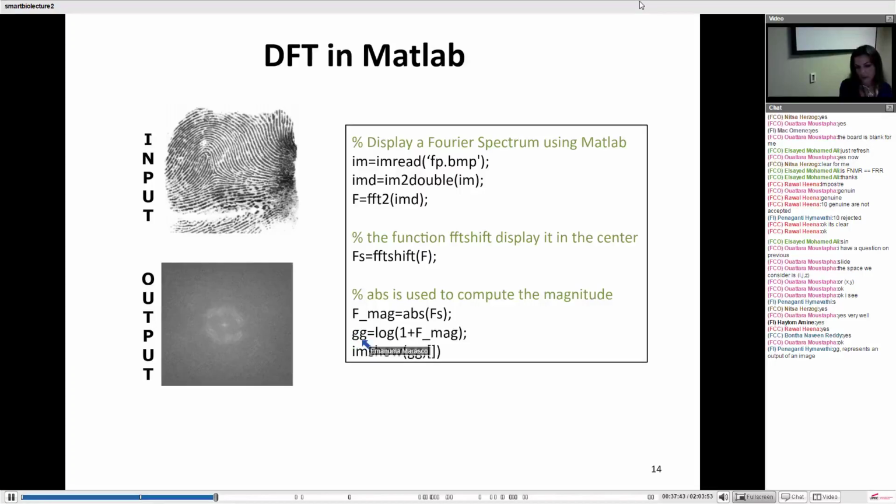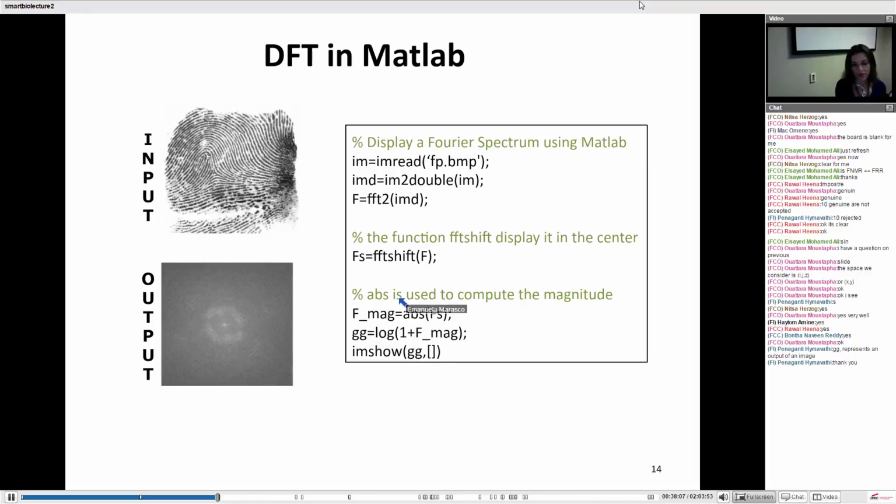So this is just a function. We have the function log of the magnitude, right? This is the magnitude of the Fourier transform, but the log is the GG, and this is the one that we visualize for a better visualization. So this is the output that we are visualizing, right?